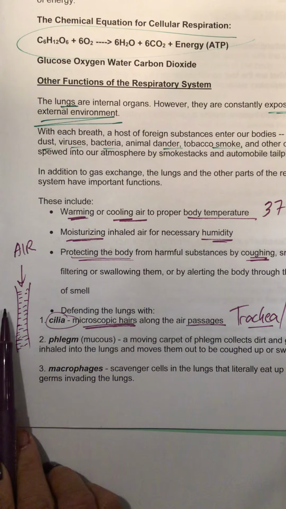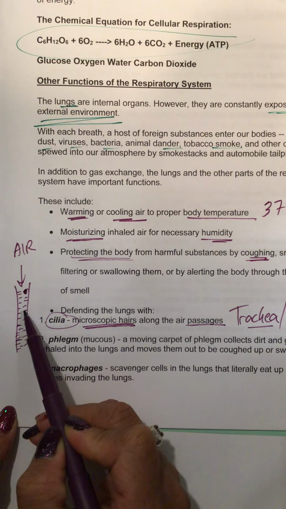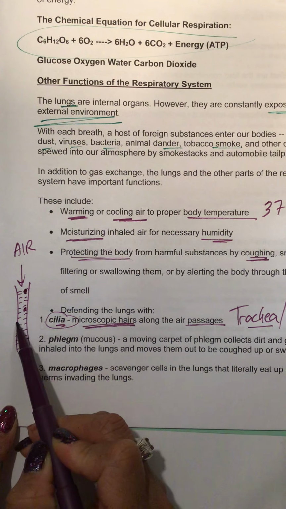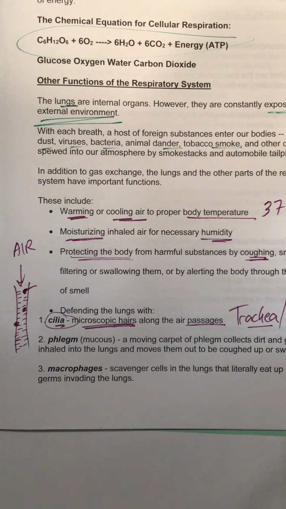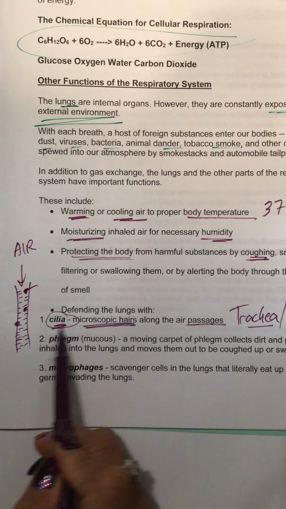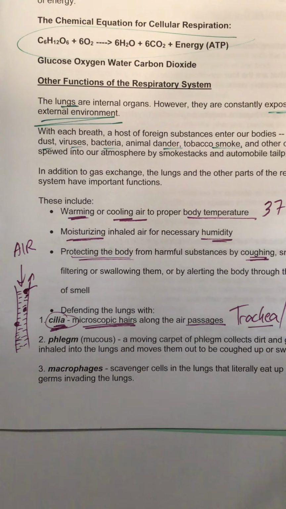And this is important because the particles then can be trapped within the cilia. So the bad things that you breathe in, the dust, bacteria, the viruses, that includes the coronaviruses, they can get trapped by the cilia. And when the cilia detects that there is something foreign that is entering your trachea and into your lungs, your brain will make you cough or sneeze to get these particles out.